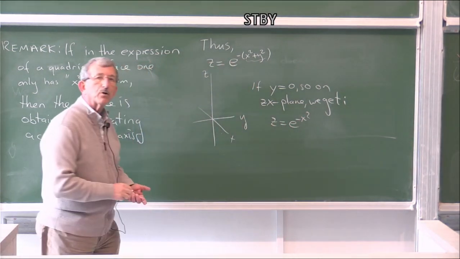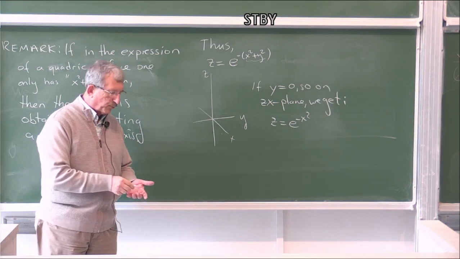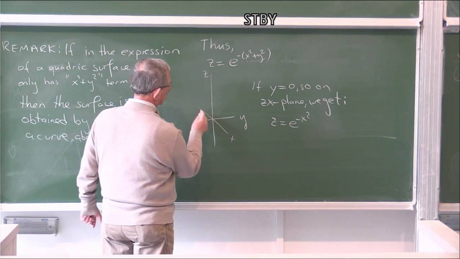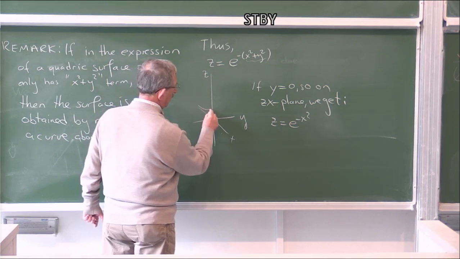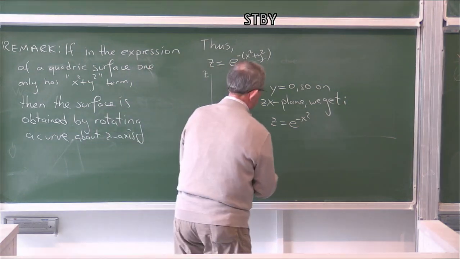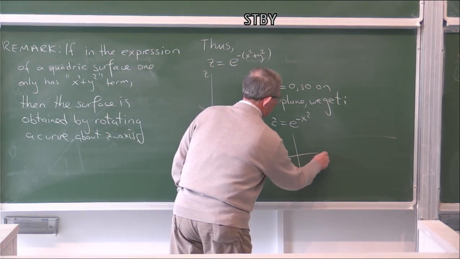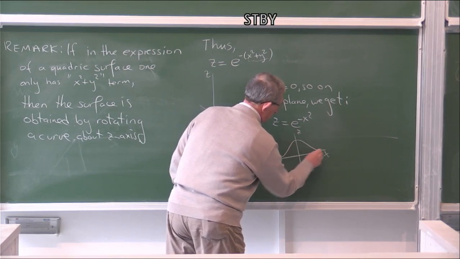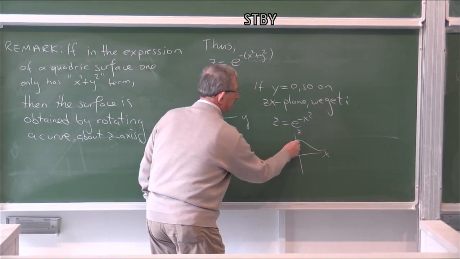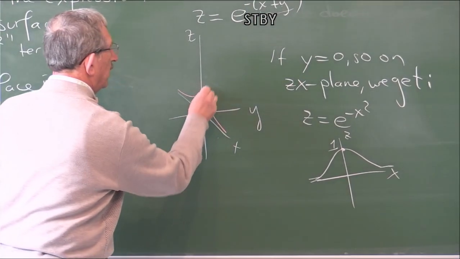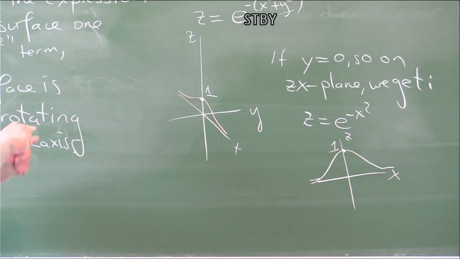You may remember from Math 119 that this is a picture like this. When x is 0, you have 1 here at the top. So it is this one. Now rotate this.